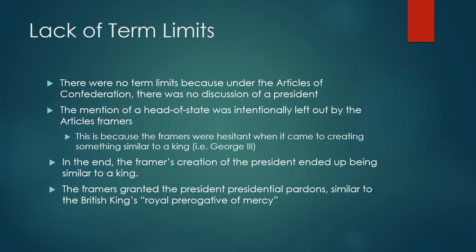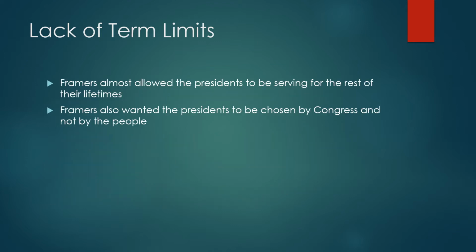In the end, the framers' creation of the president ended up being very similar to a king for a couple of reasons. One being the framers granted the president presidential pardons, which were very similar to the British king's royal prerogative of mercy. Another reason is that the framers were going to allow each president to serve for the rest of their lives.